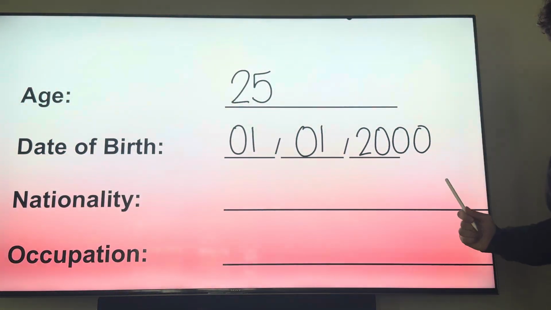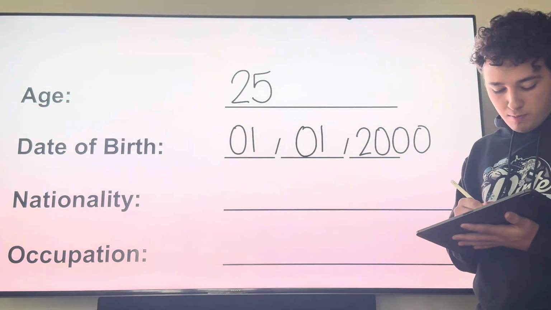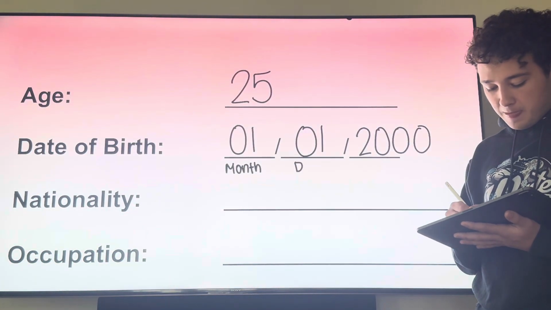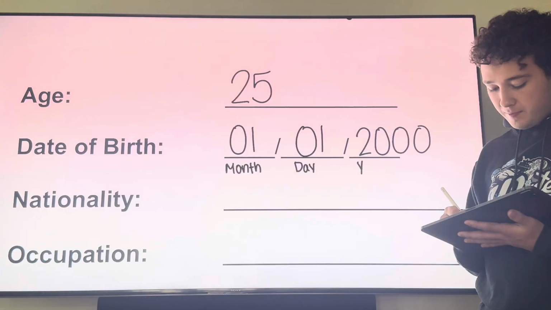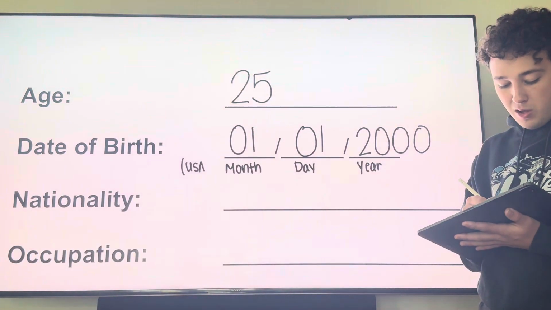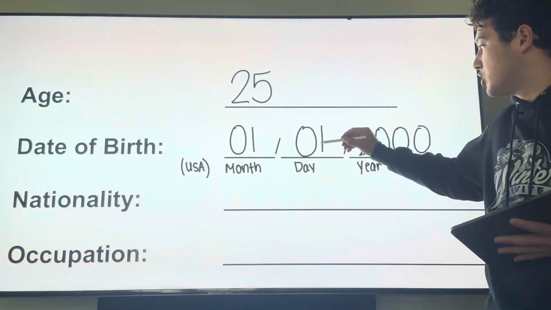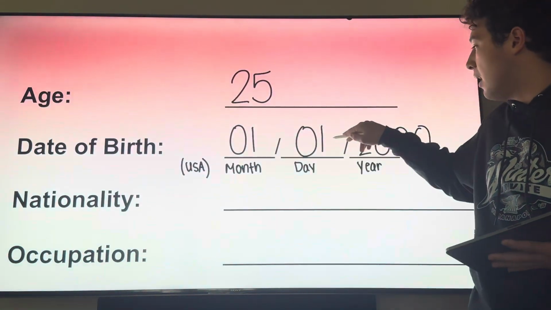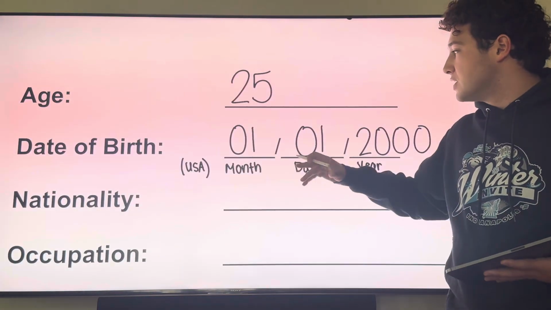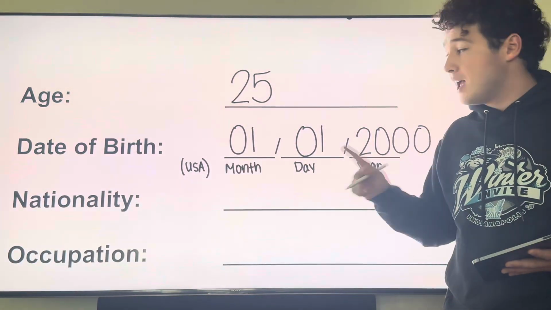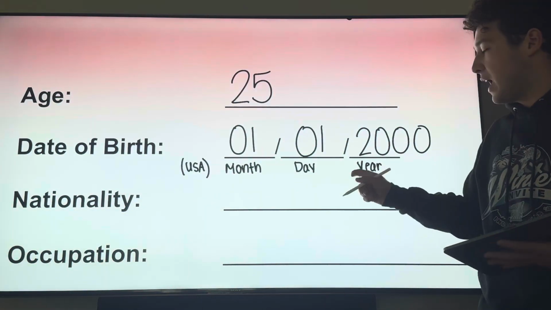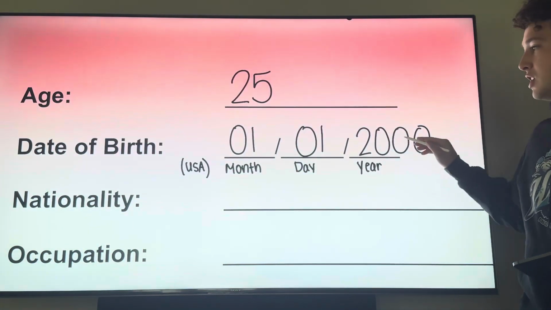So, in the United States, this is the order we do: month, day, year. And that's for the USA. Now, the rest of the world usually will flip and do day, month, year, but in the USA, you always start with the month. So this, month number 1, is January. And this is the 1st of 2000. So January 1st, 2000.